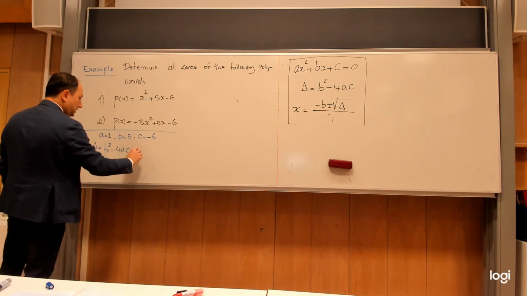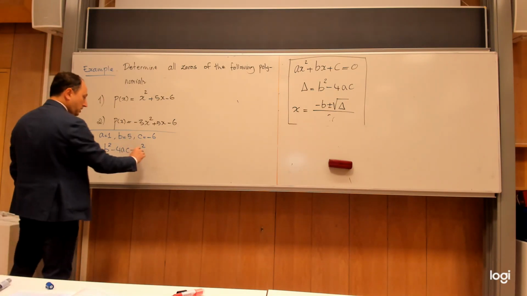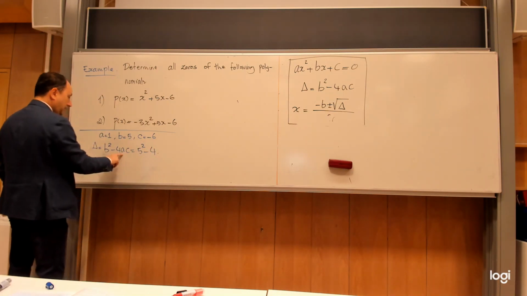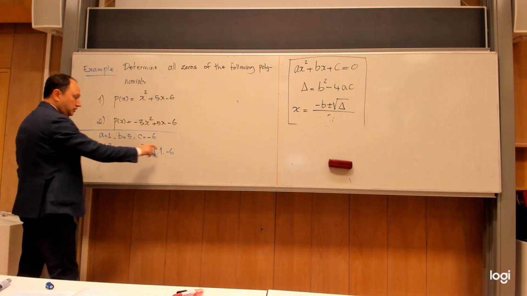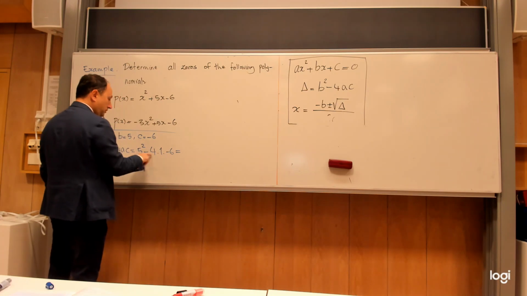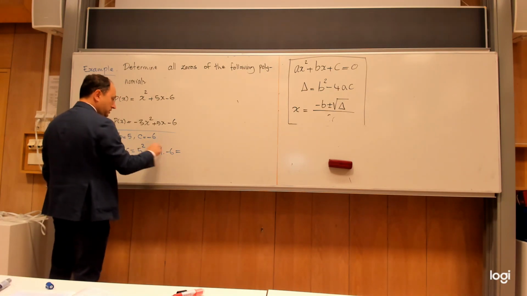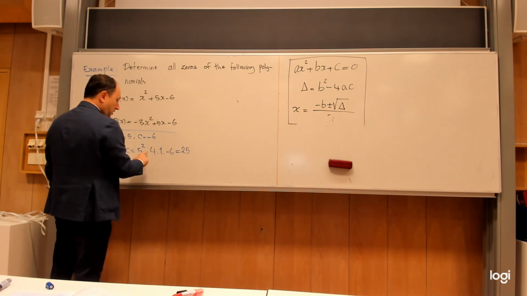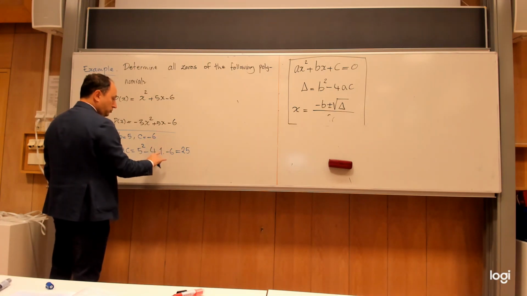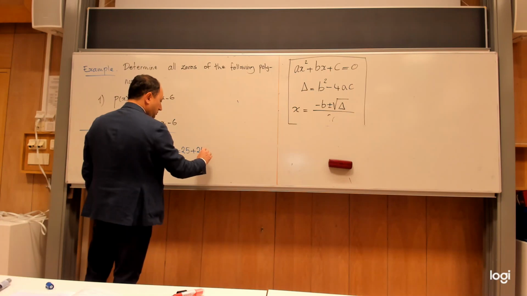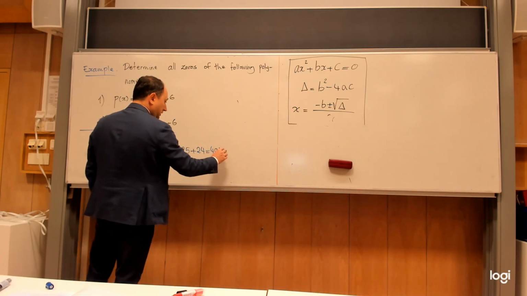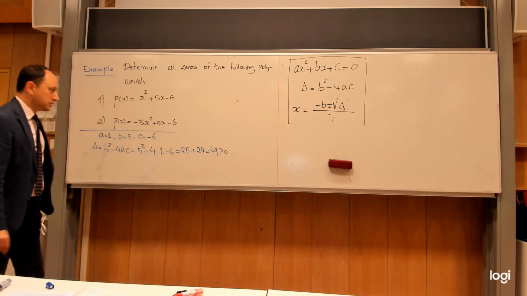So b squared is 5 to the 2 minus 4 times a is 1 times negative 6. And then you need to be careful a little bit not to mess up the signs. So this is 25. Minus 4 times 1 is minus 4. Minus 4 times minus 6 is positive 24. And then it becomes 49, and then you are relieved that there are two solutions because that's positive.